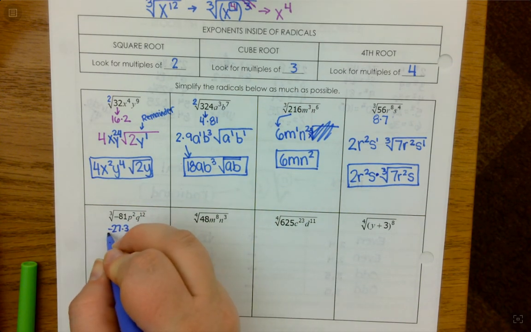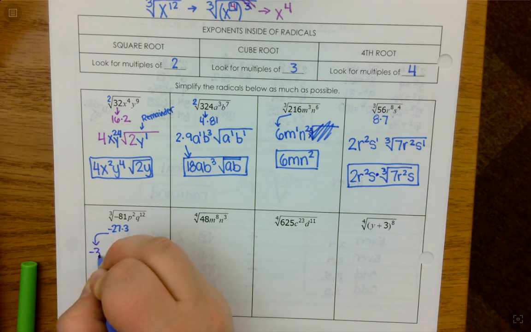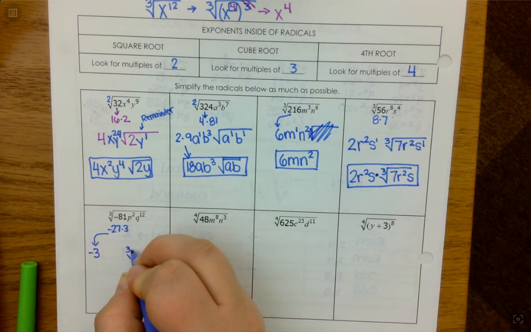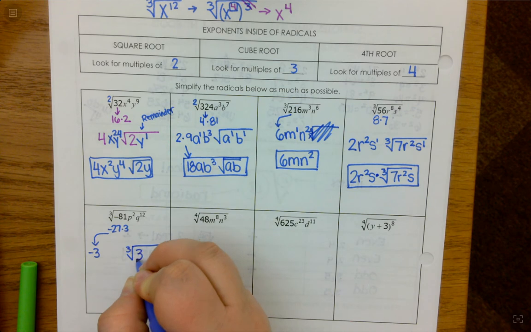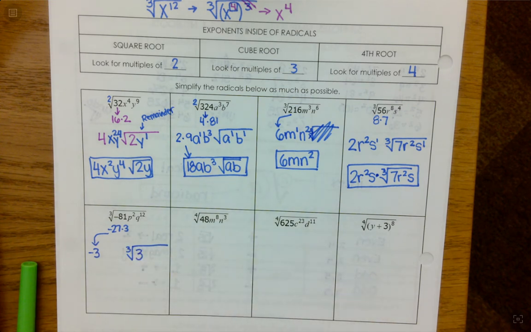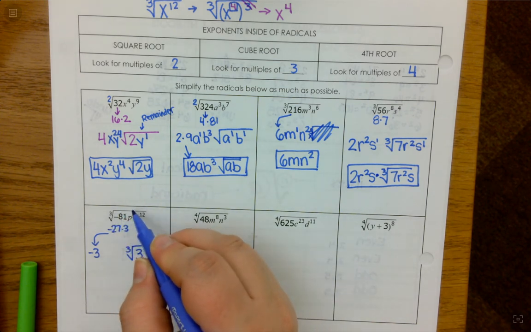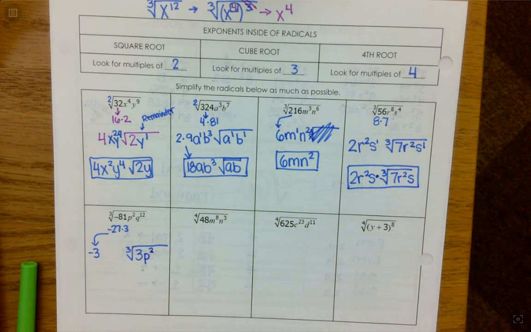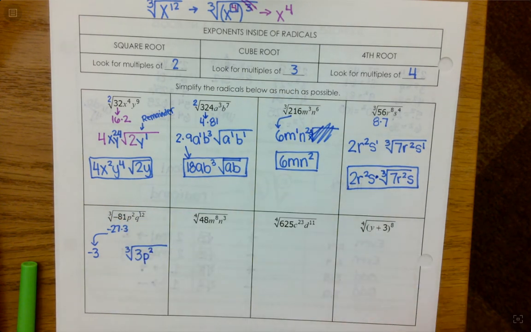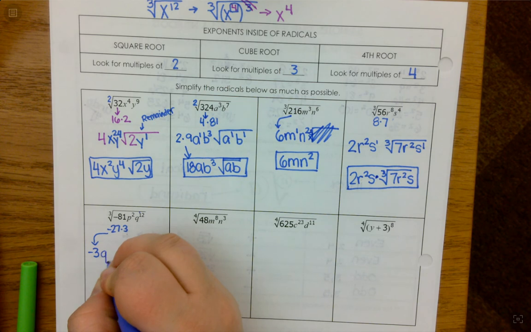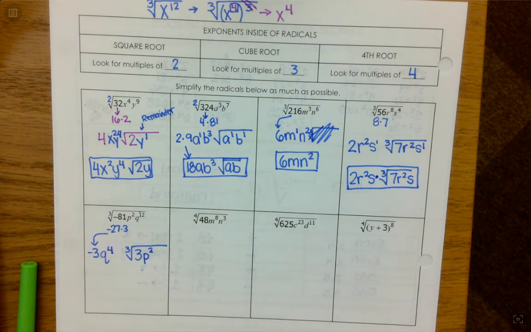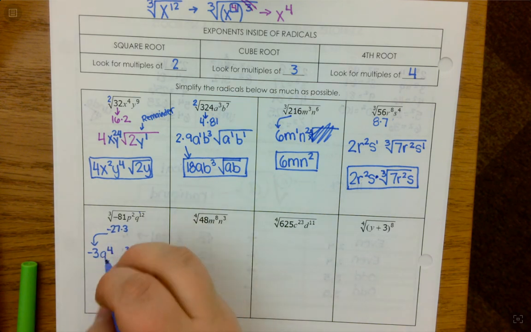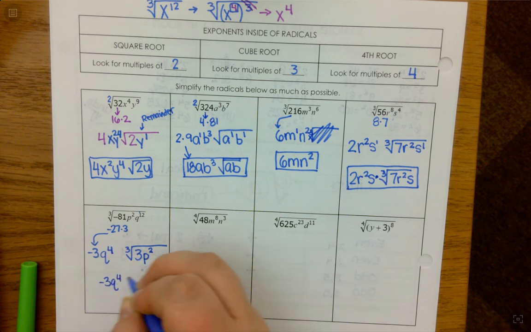The cube root of negative 27 is negative 3. There is no cube root of 3, ironically, even though they're both 3s, so it stays underneath. Then 3 does not go into 2 at all, so the whole p squared has to stay underneath. Nothing gets to come out. But then 3 goes into 12 4 times, so I can put q to the 4th out here. And there you go. Negative 3 q to the 4th, cube root of 3p squared.